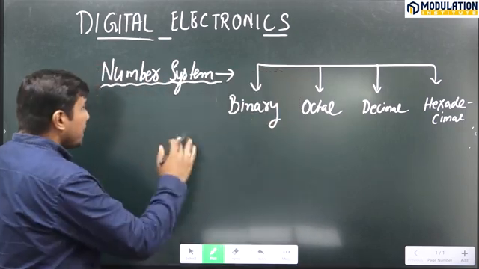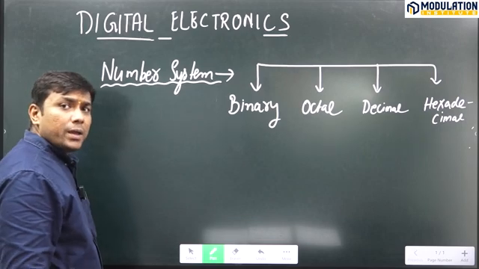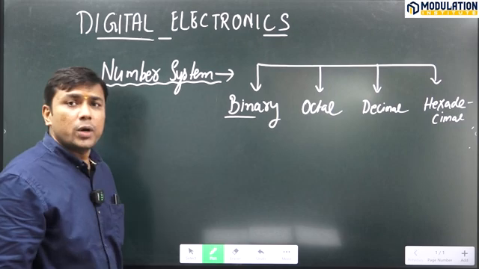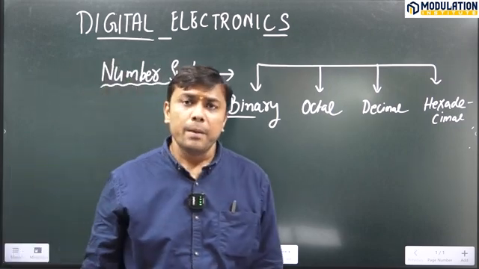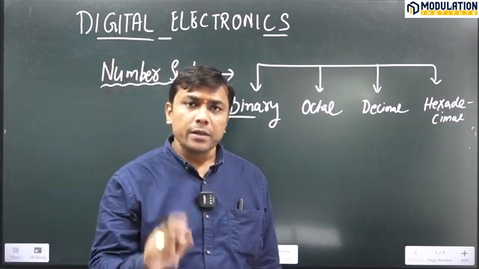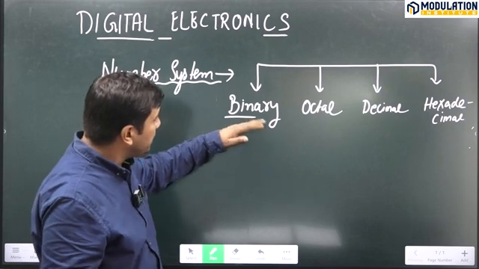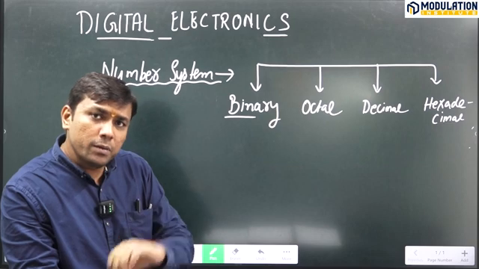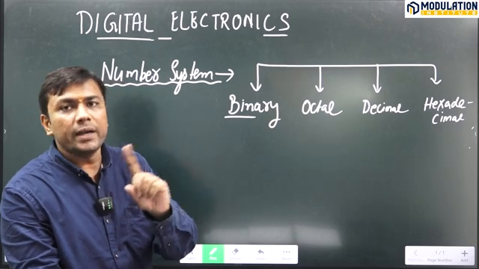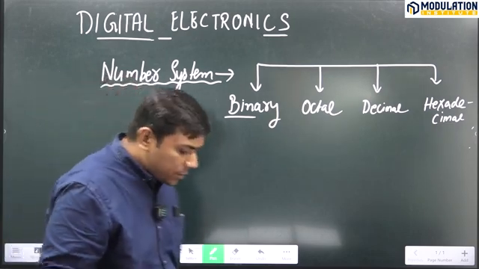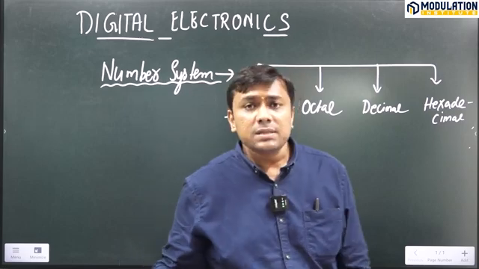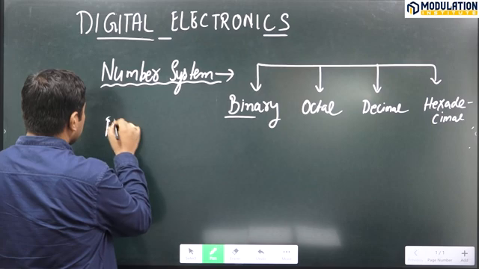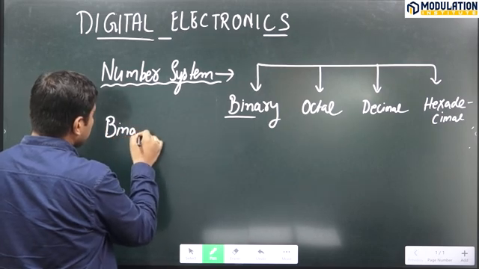Any number system whose base is 2 is called the binary number system. Binary means 2, the word itself is explaining. Matlab bi means 2. What does the 2 mean? Here in the case of number system, the 2 denotes 0 and 1.